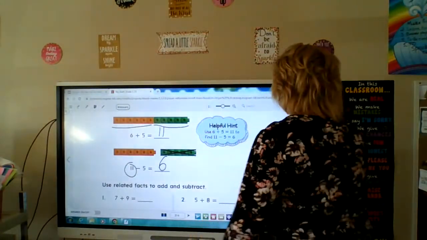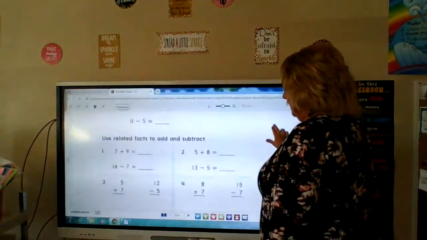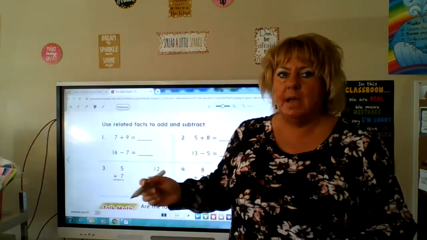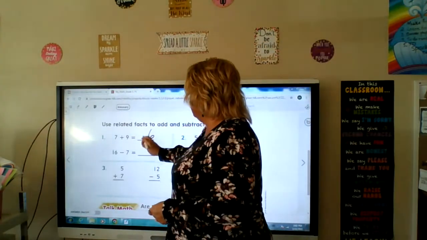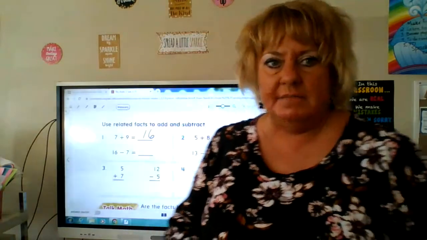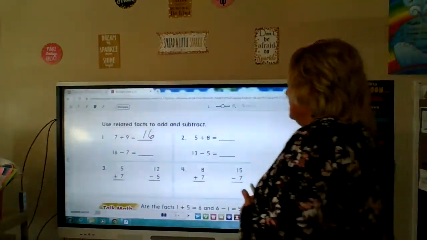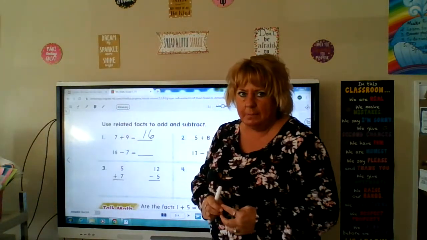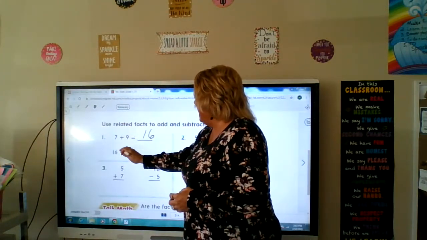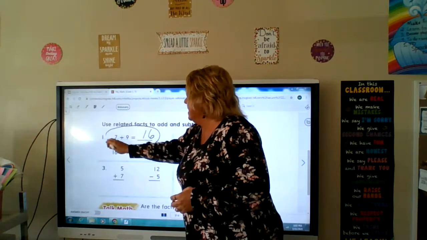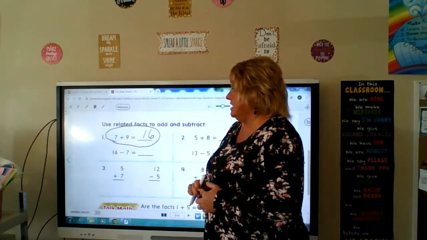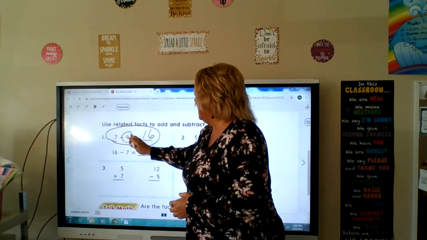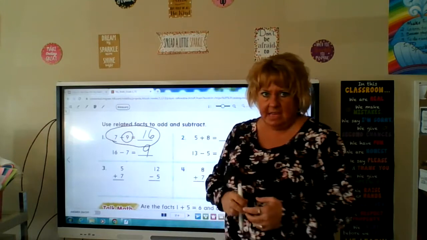So we're going to do addition and subtraction. 7 plus 9, that's an easy 9. What comes before 7? 6, put a 1 in front of it. 7 plus 9 is 16. Now we're going to use these same numbers to make a subtraction problem. 16 minus 7, what number did we not use yet? 7 plus 9 is 16. 16 minus 7 is 9.